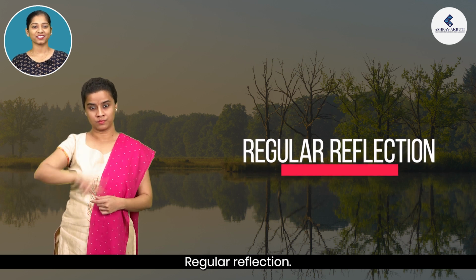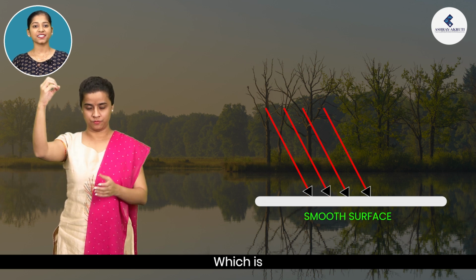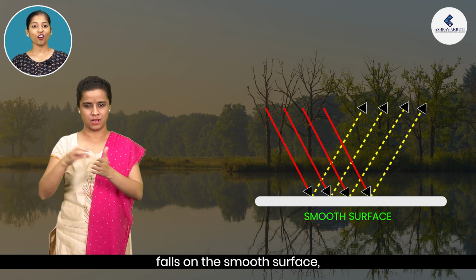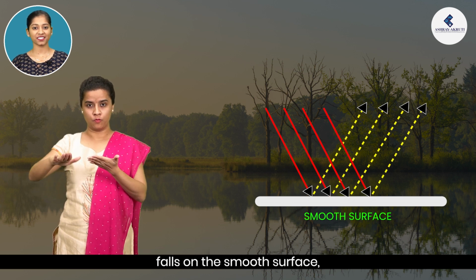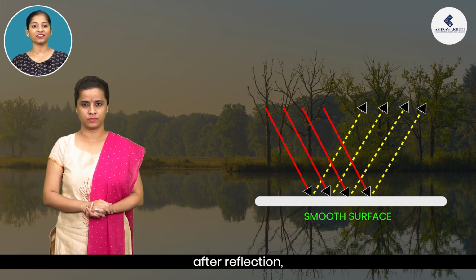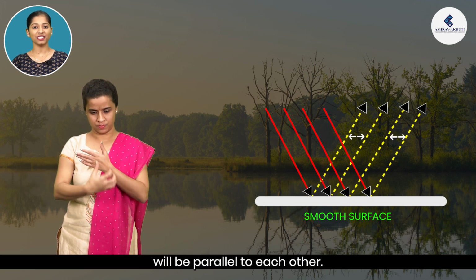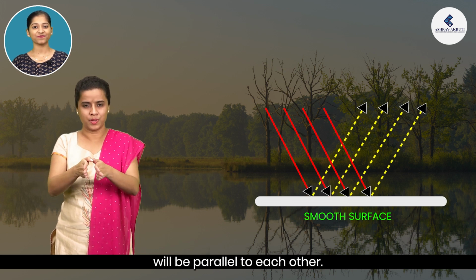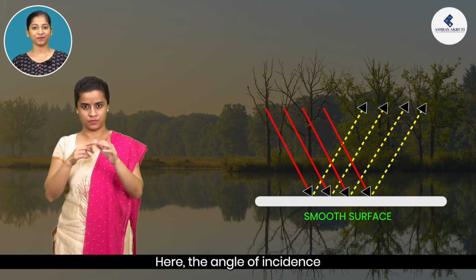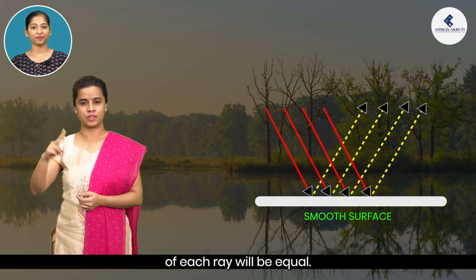Regular reflection. When a beam of light, which is collection of parallel rays, falls on a smooth surface, it gets reflected. After reflection, the reflected rays will be parallel to each other. Here, the angle of incidence and the angle of reflection of each ray will be equal.